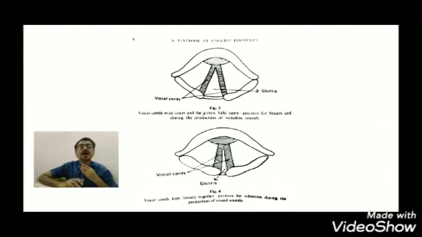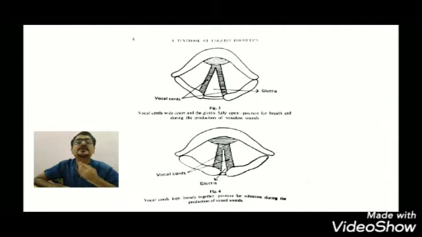So how do we know whether the vocal cords are vibrating or they are wide apart and not vibrating? There is a very simple way to know this. Let us take an example.